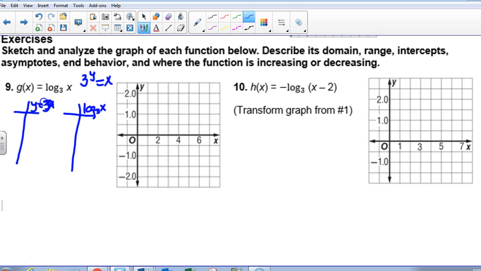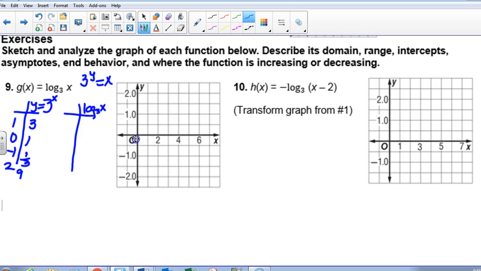If we had 3 to the x, put some numbers in there for me. 3 to the 1, 3 to the 0, 3 to the negative 1, 3 to the 2, 9. Okay?